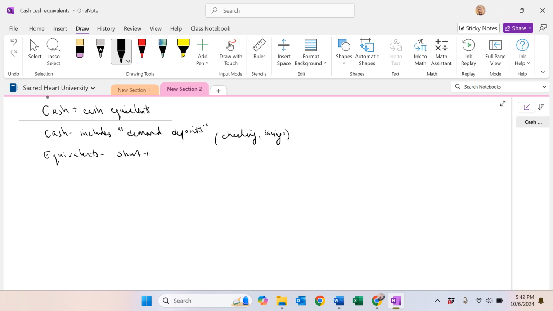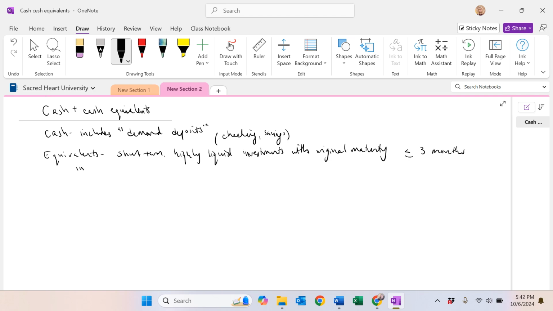Okay, equivalents, cash equivalents: short-term, highly liquid investments with original maturities. So the item, when it's first issued, has a maturity of less than or equal to 3 months.